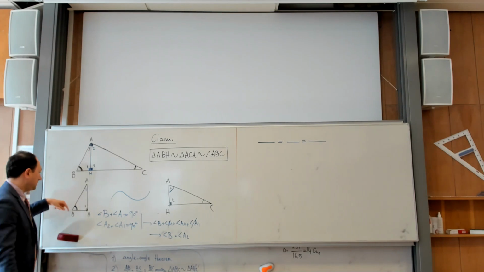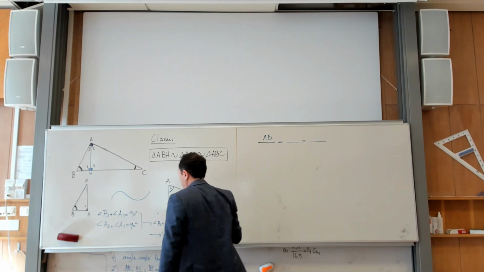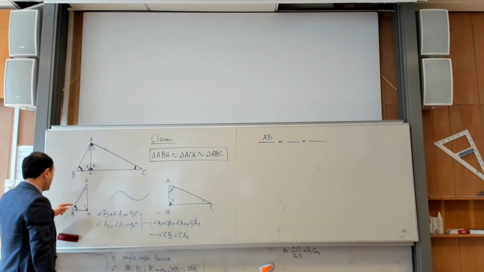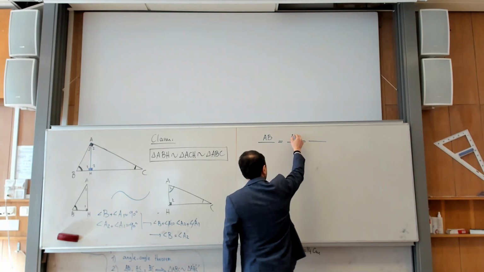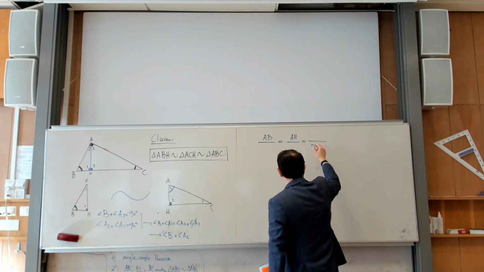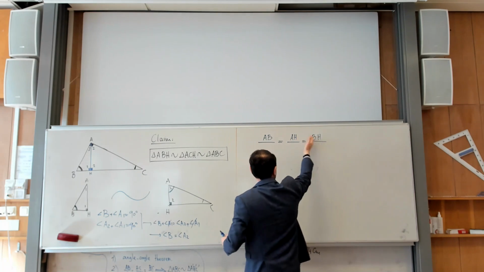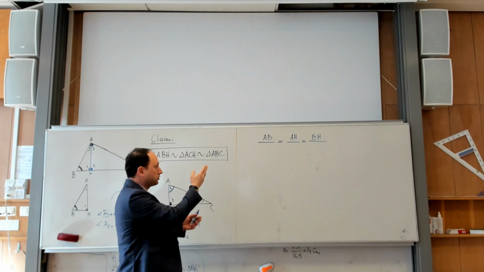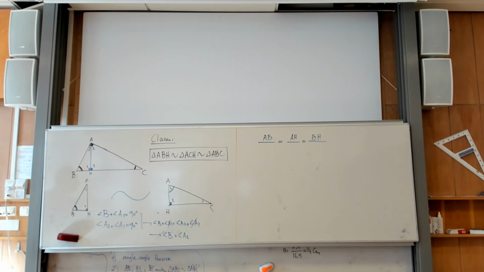One side is AB, I would write it here. Another side that I want to consider is AH. Another one that I want to consider is BH. Of course you can replace them. There is no reason that you have to respect my order. But you should be organized in writing the ratios, otherwise it would be a mess.